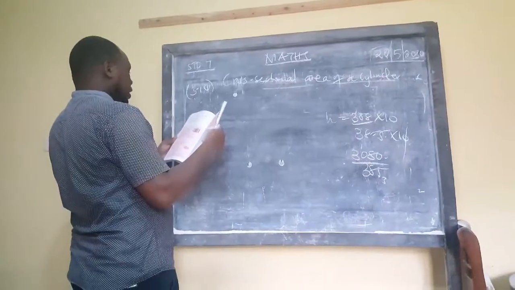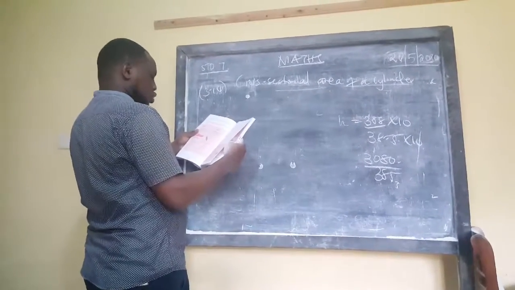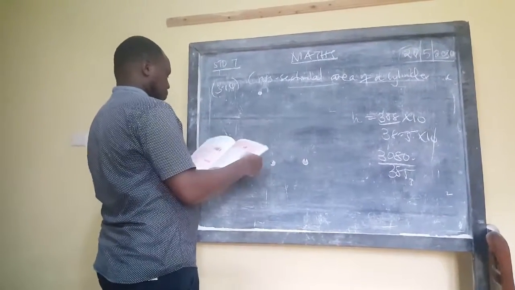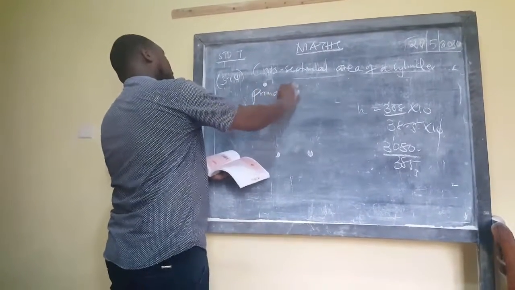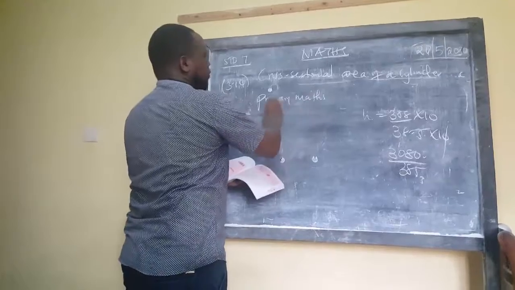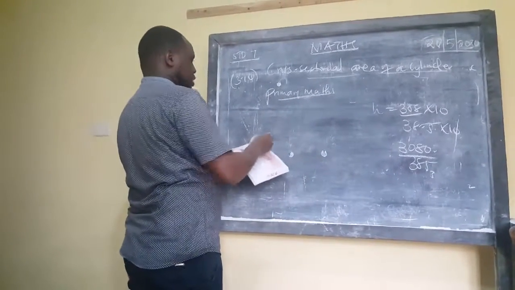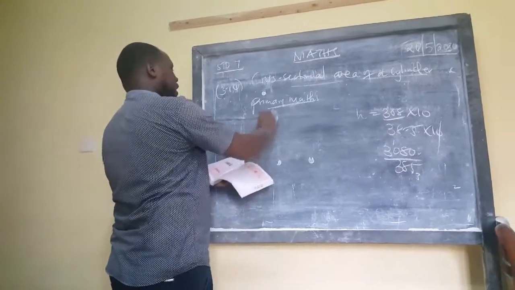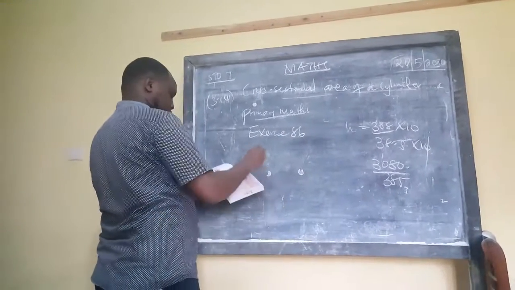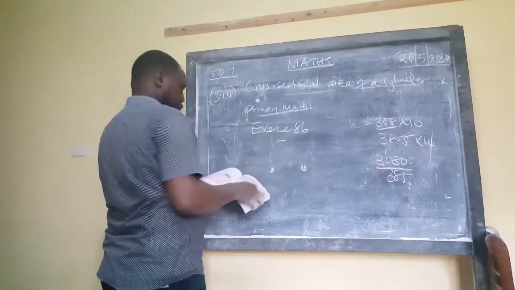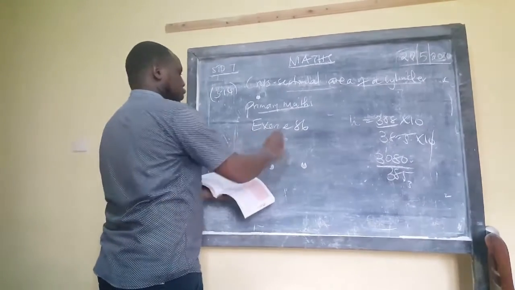So we are going to begin from exercise 86, primary maths. People have so many types of books for maths, but you can use the others for practice. Exercise 86, question number 1 to 4.